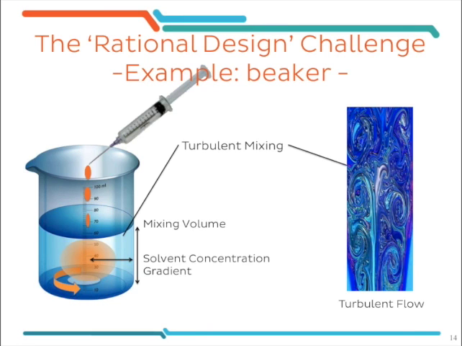Now, let's look in more detail at what happens when these two solvents mix in a beaker. First of all, we are in a turbulent mixing environment. Then we have a high solvent concentration gradient from the point of injection or the point of dripping of the organic solution into the aqueous phase and to the outside of the beaker, to the wall of the beaker.